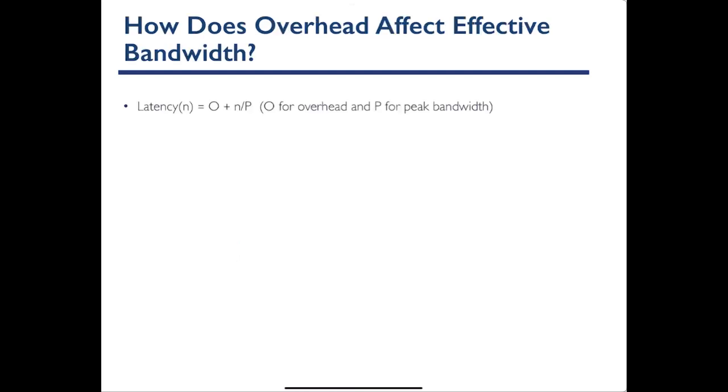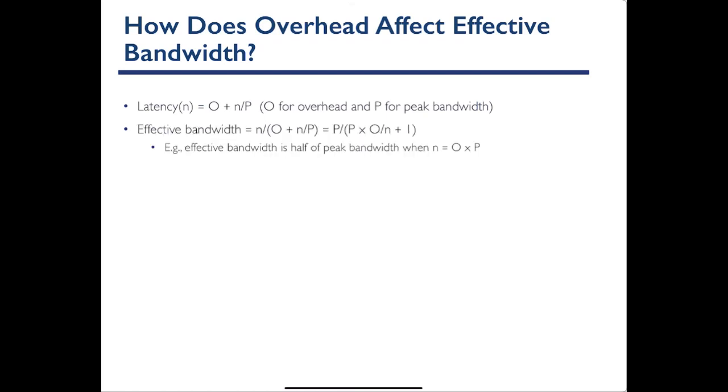Now let's put this together. This is what we saw in the previous slide: latency equals overhead plus n divided by p. Here O is overhead and p is the peak bandwidth. Now, what is effective bandwidth?